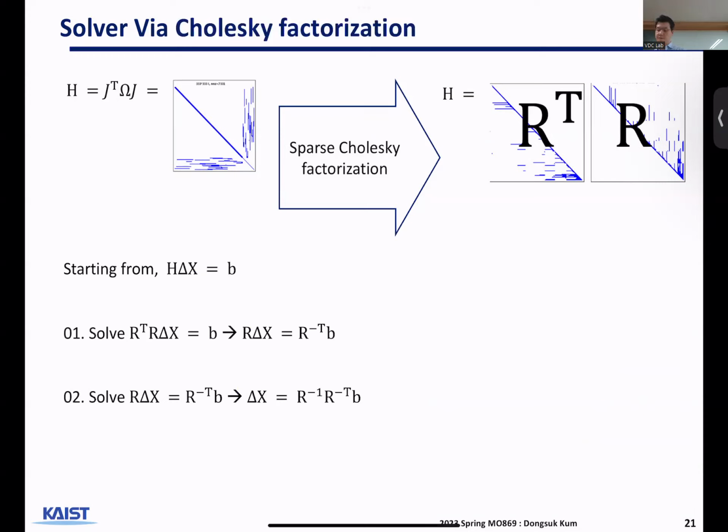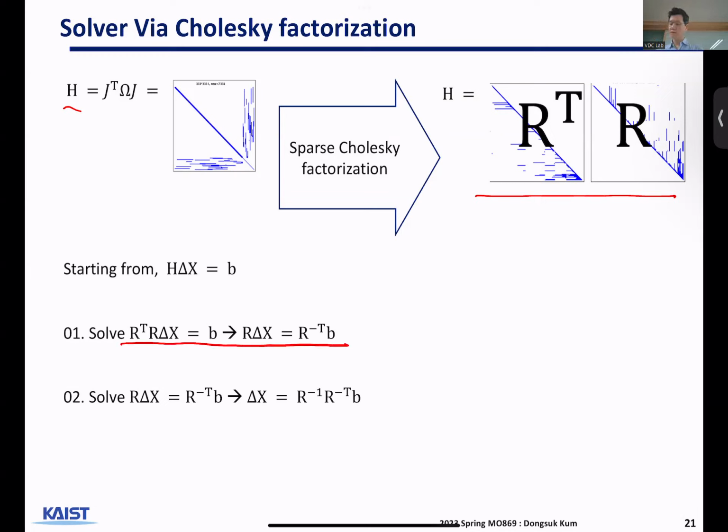For instance, if we use sparse Cholesky factorization, we can convert H into R transpose R, and then we can solve this in a two-step process.